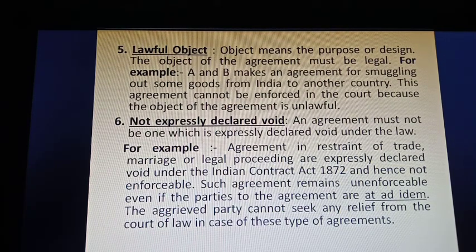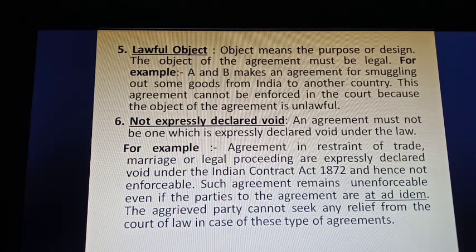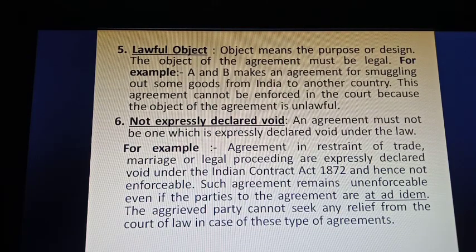An agreement must not be one which is expressly declared void under the law. For example, agreements in restraint of trade, marriage, or legal proceedings are such type of agreements which are expressly declared void under the Indian Contract Act 1872 and hence not enforceable.